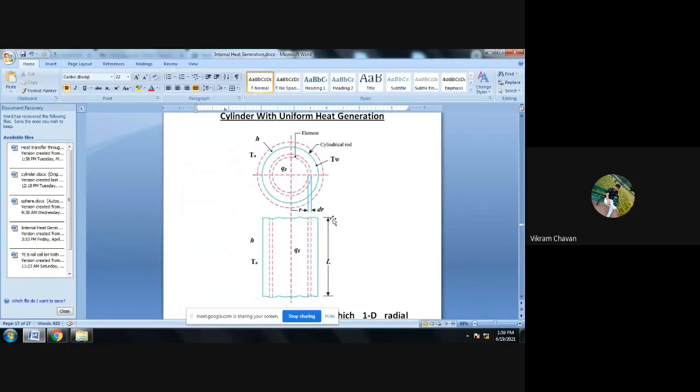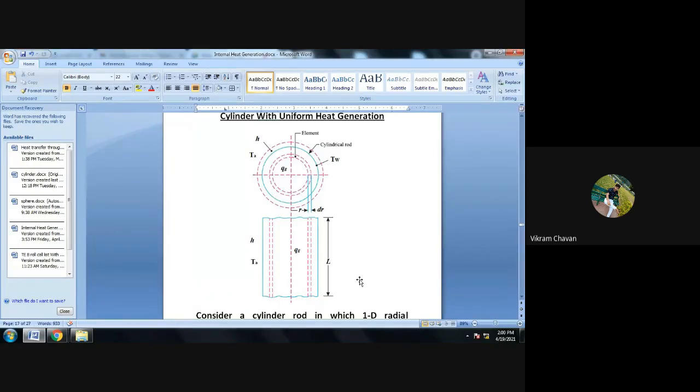Then we considered that there is heat dissipation from the surface of the wall, and further we considered that heat dissipation in the case of maximum temperature. We once again derived the maximum temperature equation when the heat is dissipated from the surface of the wall to the surrounding.